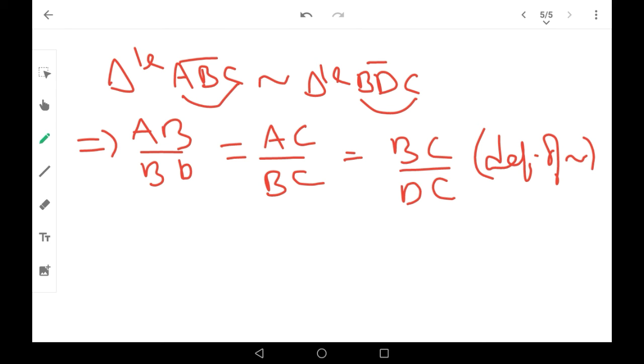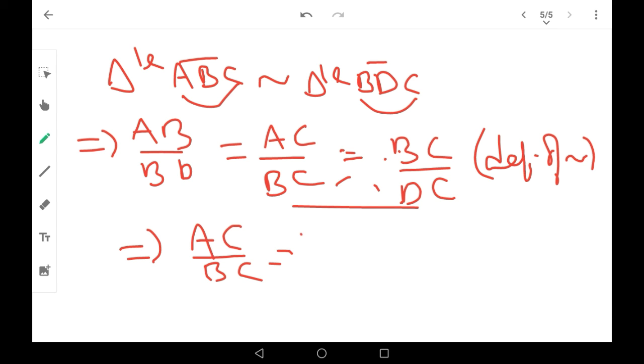So now what two things do I have to take into consideration? If I cross multiply these two, I'm getting the square. So I'll take this one: AC by BC is equal to BC by DC. If I cross multiply it, what will I get?